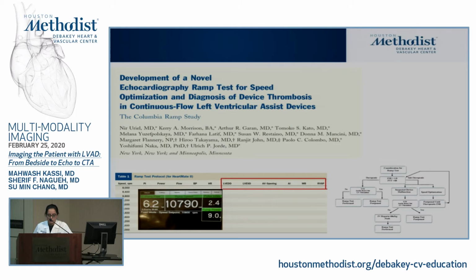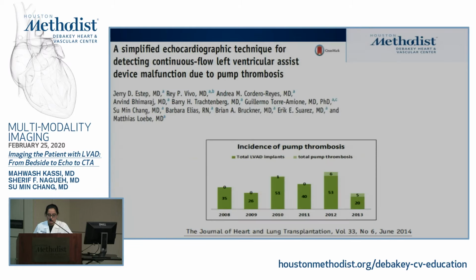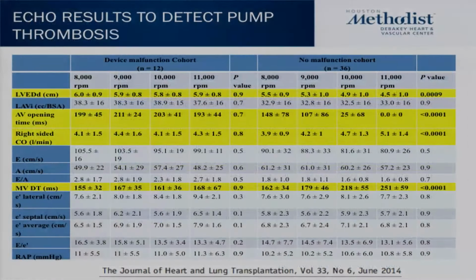So this was first published by a group in Chicago, and then our own group with Dr. Estep made this ramp study a little bit easier, because instead of doing like 100 increments, we went 8,000, 9,000, 10,000, and 11,000.